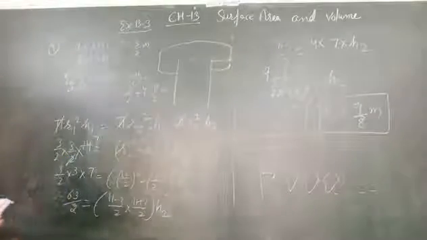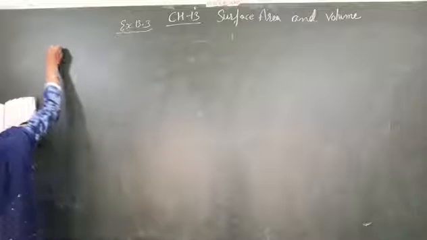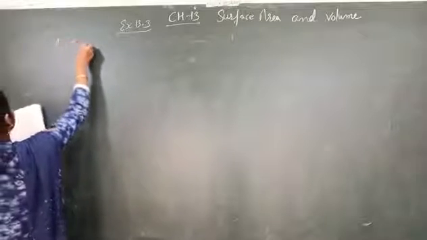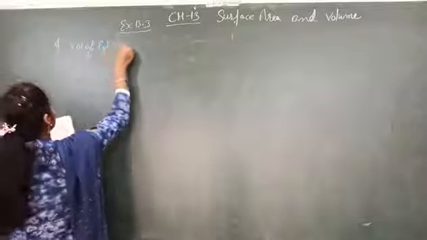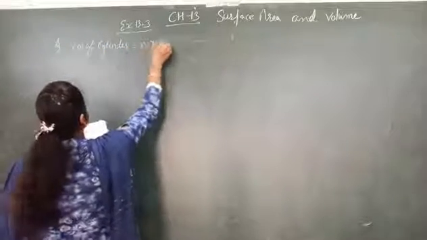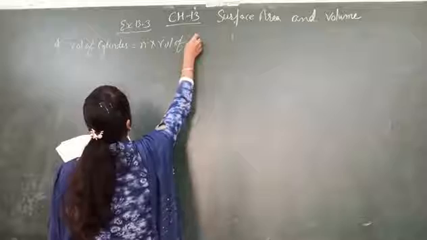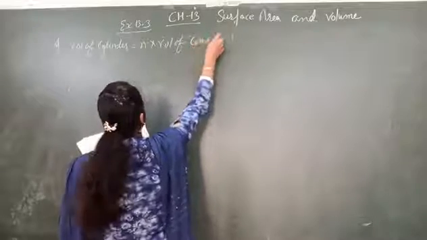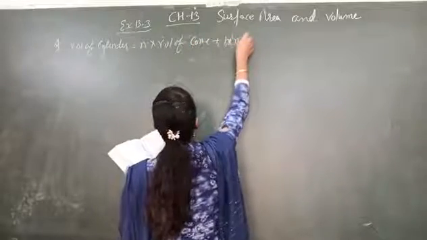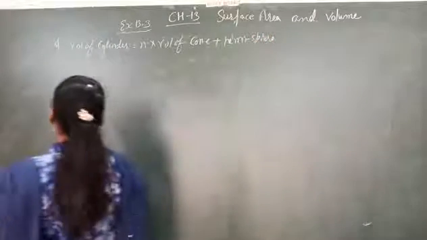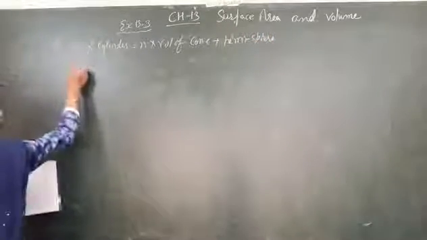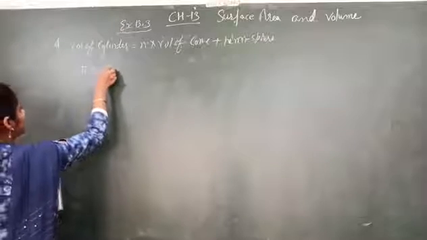See which formula we will apply here. Volume of cylinder is equals to n into volume of cone plus hemisphere. Volume of cylinder is pi r1 square h1.